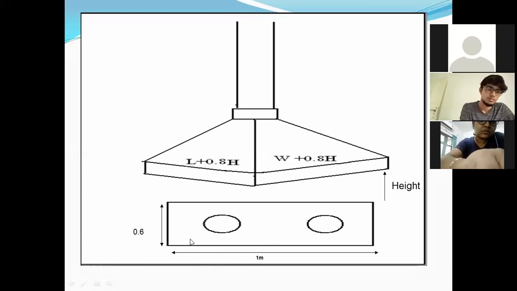According to the size of the stove only, the kitchen hood width and length are found out. To get the width, take the width of the stove plus 0.8 multiplied by the height. If you need the length, take the length of the stove plus 0.8 multiplied by the height. You will get the length also.